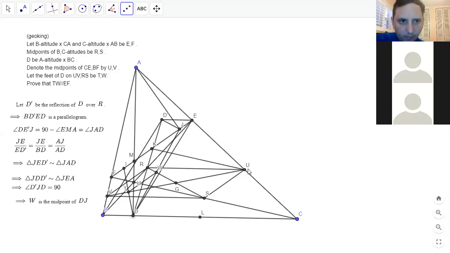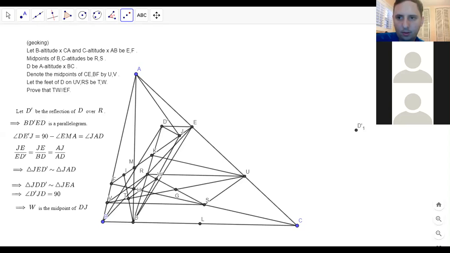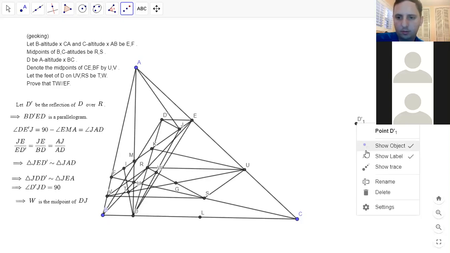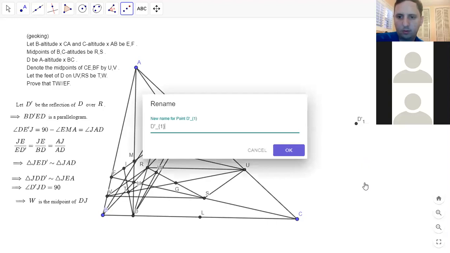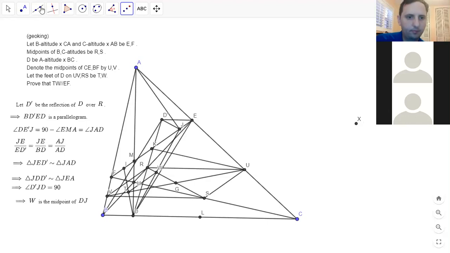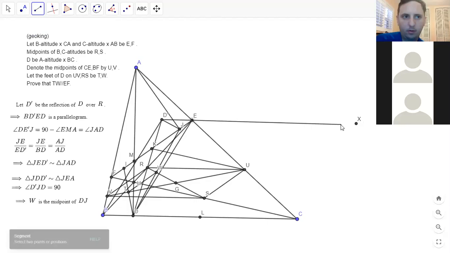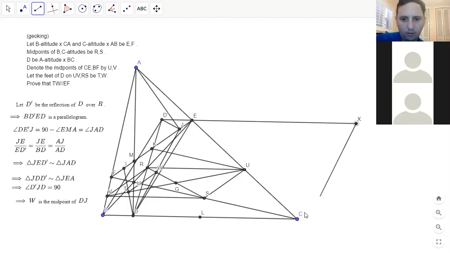So if I reflected D over U, you just barely see that point there. There we go. Call it X. So yeah, then we have a parallelogram here.